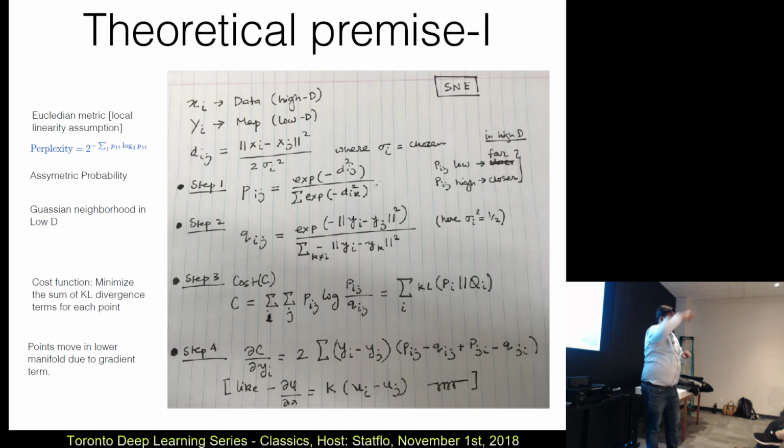So they are not the same. In the original SNE version, it was called the asymmetric version, where Pij and Pji were allowed to be different. Later they had a second variant where they just summed them up and divided by 2. They averaged the 2 and called it the symmetric SNE.